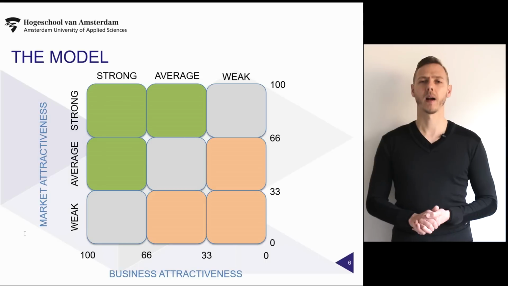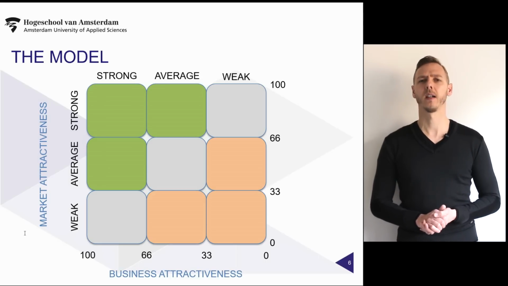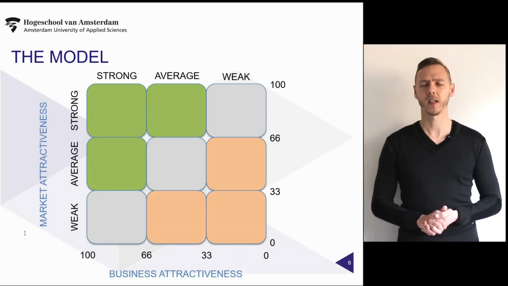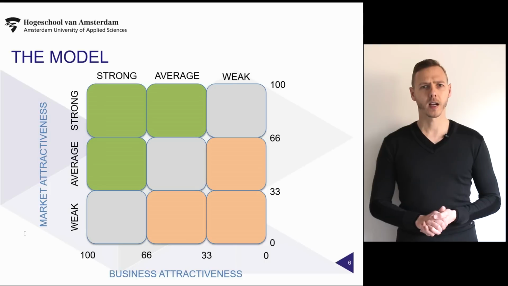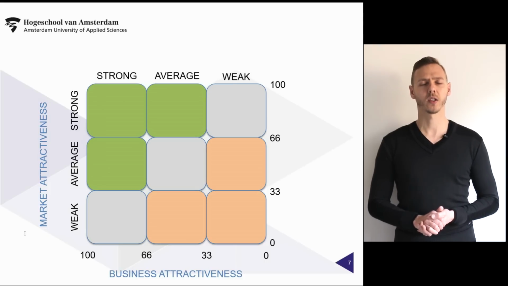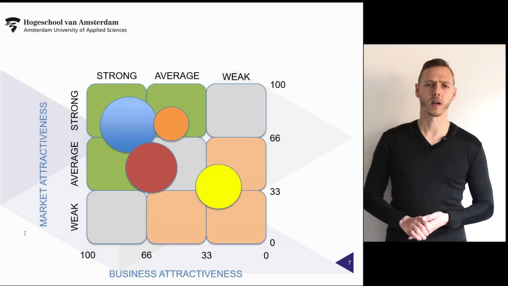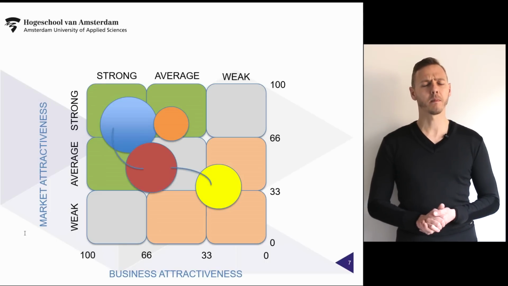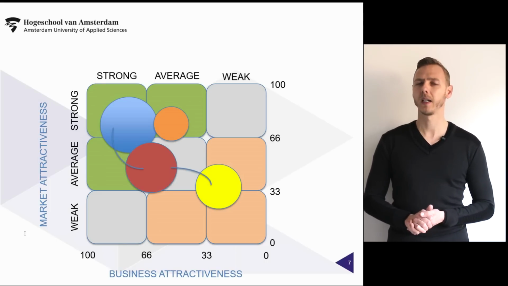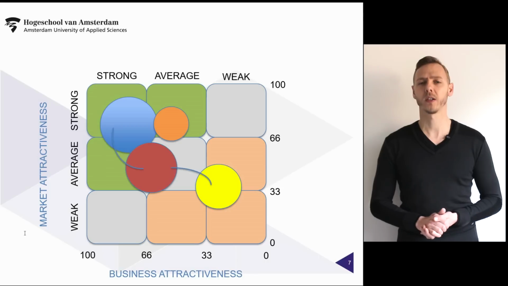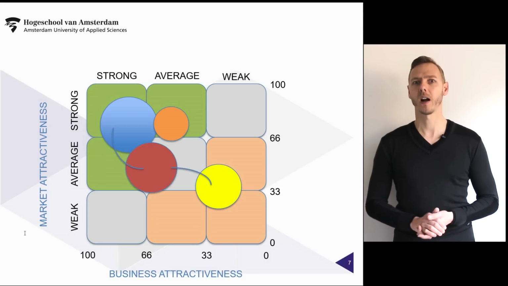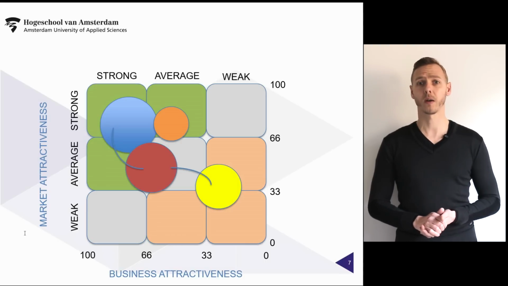Please bear in mind, I told this also in the BCG matrix, a lot of times your business units are depending on each other. So it doesn't necessarily mean that if you are in, for instance, the bottom right corner, you should get out of the market, because sometimes your business units or your product market combinations are complementary.